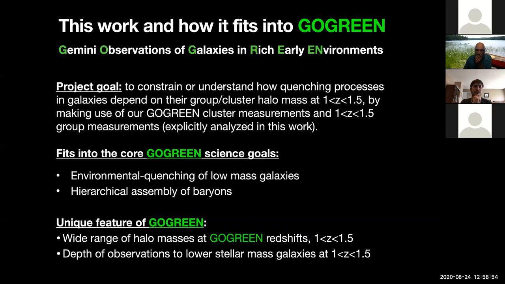And this work fits into the core go-green science goals, namely environmental quenching of low-mass galaxies, and better understanding hierarchical assembly of baryons. The unique features of go-green that were mentioned in an earlier talk, namely the wide range of halo masses and the depth of observations for low-mass galaxies, are both extremely important to allow this to even be done.